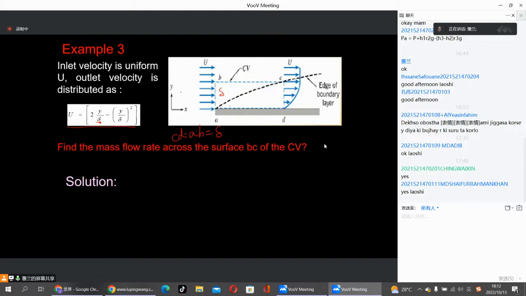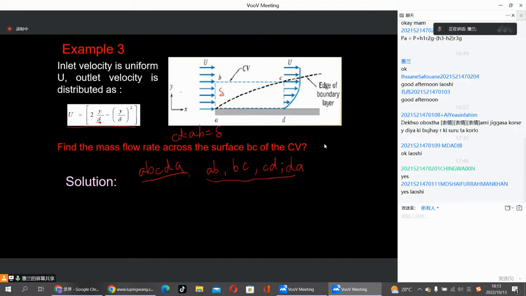The control volume is given to you. You don't need to choose the control volume by yourself. The control volume is A, B, C, D, A. For this control volume, we have the control surfaces AB, BC, CD, DA, right?